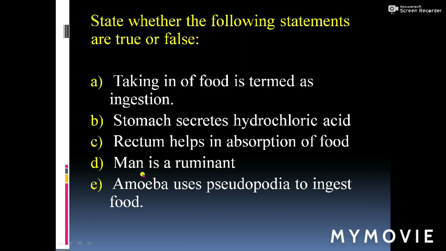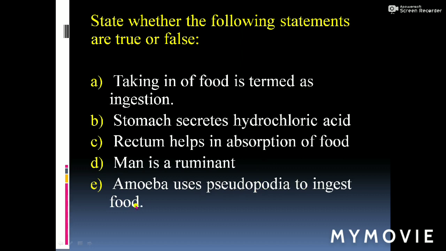True or false? Man is a ruminant. Just now you studied what ruminants are. You studied that grass-eating animals are ruminants. So what do you have to write here? I think you understood. Number 5 is, amoeba uses pseudopodia to ingest food. Always pronounce it pseudopodia.